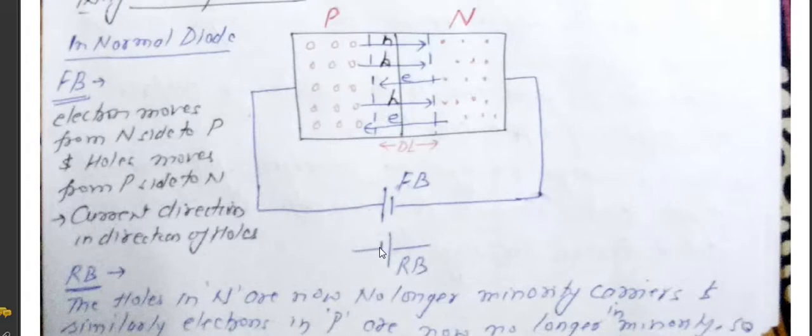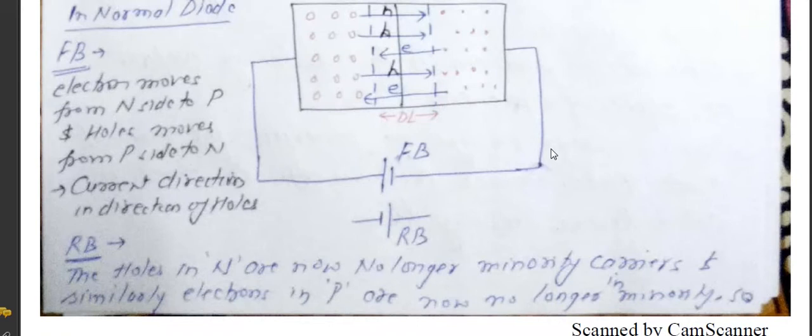means this P type is connected to the negative terminal of the battery and this N is connected to the positive terminal of the battery. Now the holes in N are now no longer minority carriers, and similarly the electrons in P are now no longer minority carriers, because we are dealing with a very high frequency.